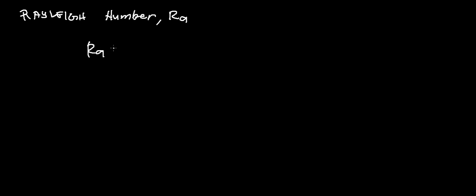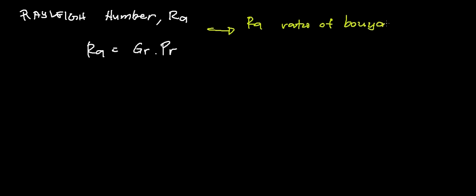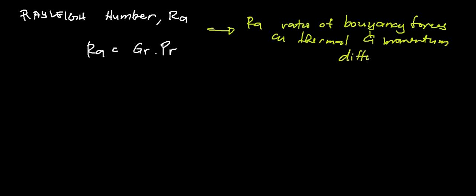So we can say that Ra is the product of Gr and Pr, right? Hence, the Rayleigh number itself may be viewed as the ratio of the buoyancy forces and the thermal and momentum diffusivities. So the Rayleigh number is the ratio of buoyancy forces and thermal and momentum diffusivities. That's it. This is simply the Rayleigh number.